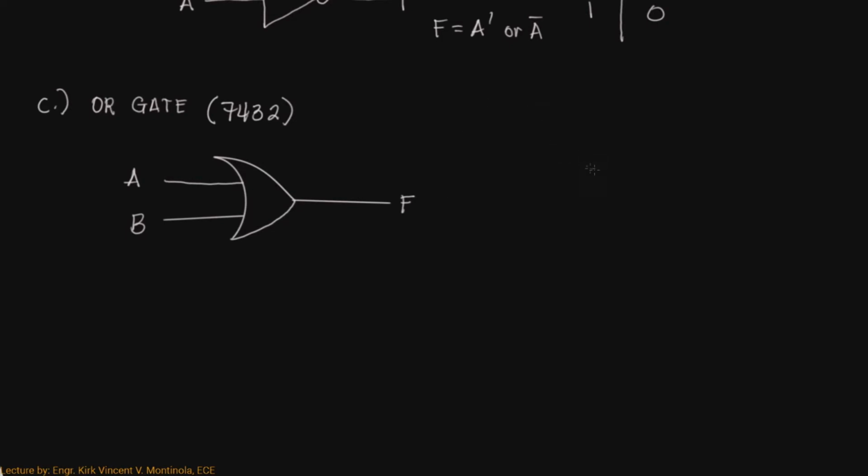For the truth table, we have two inputs, and we have two states only, that is either one or zero.